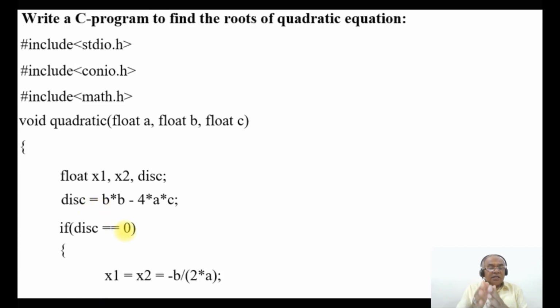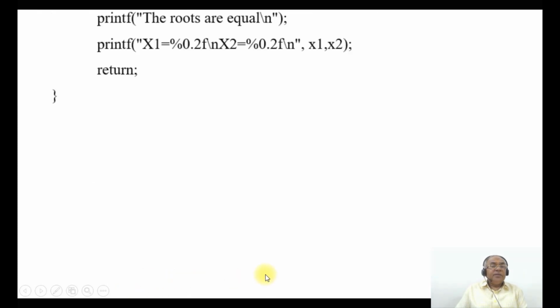You get x1 equal to x2, which is minus b by 2 into a. Because the entire root of b square minus 4ac becomes 0, it becomes minus b by 2a. Whether it is x1 or x2, you are going to get the same value. That is the reason we have written x1 is equal to x2, which is equal to minus b by 2 into a.